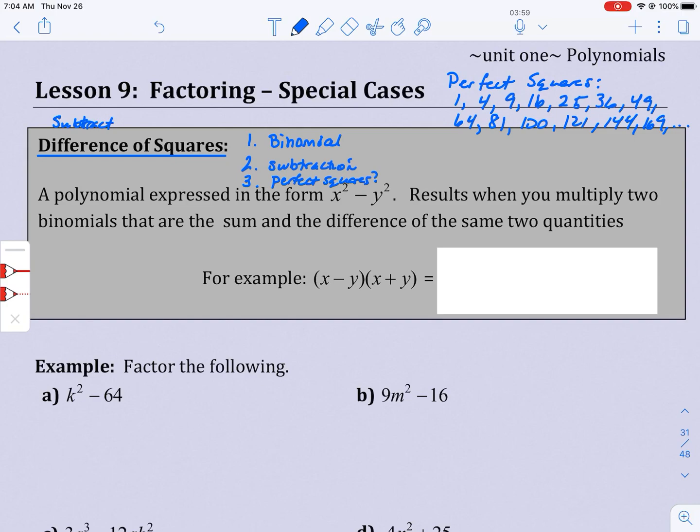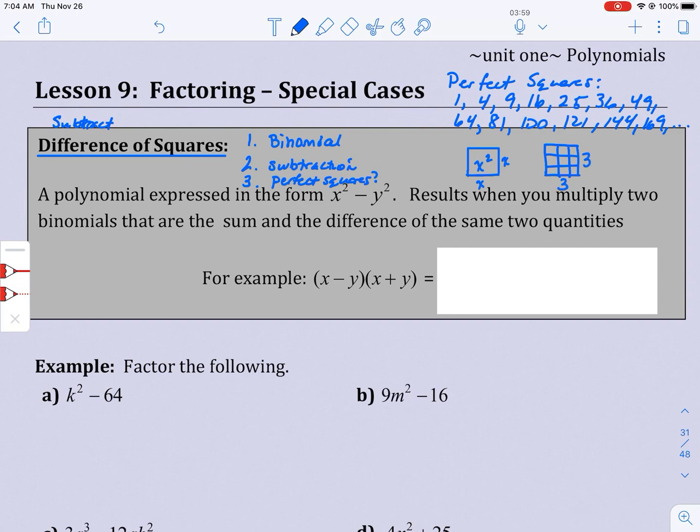When we look at a variable, a perfect square variable would be one such as x squared. Okay, x squared is a perfect square because, of course, I can multiply x by x to get x squared. Likewise, with the numbers, 9 is a perfect square because 9 comes from a 3 by 3 square.